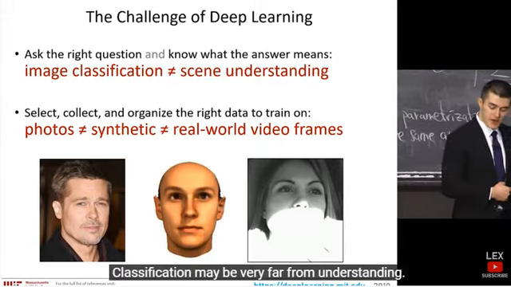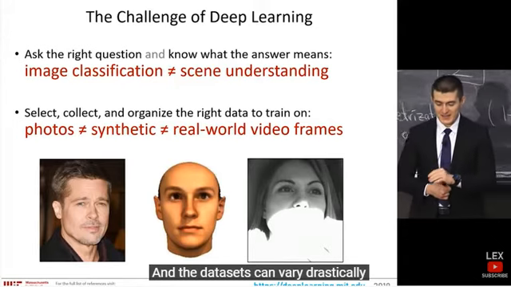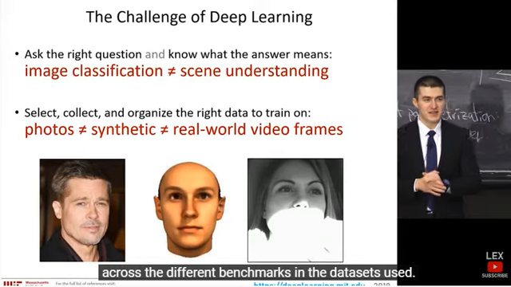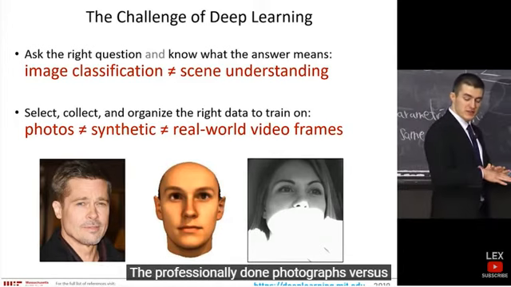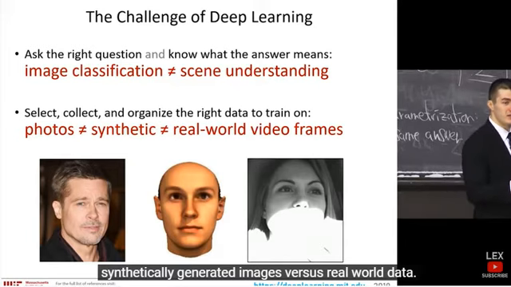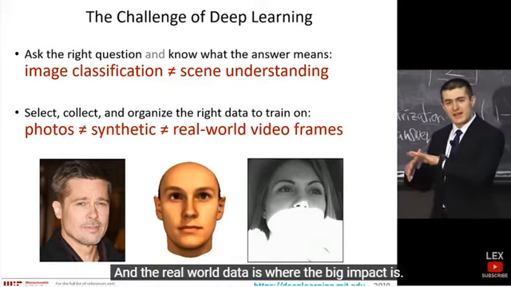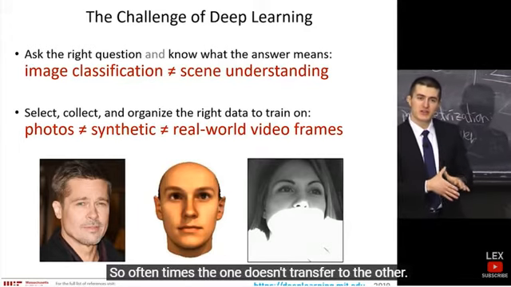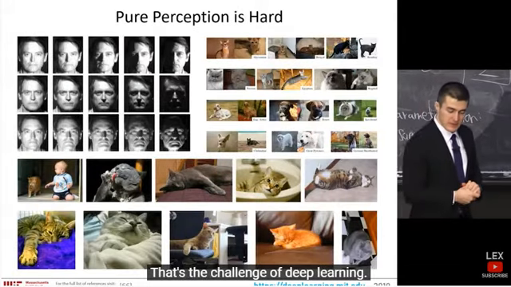Classification may be very far from understanding. And the data sets can vary drastically across the different benchmarks and the data sets used. The professionally done photographs versus synthetically generated images versus real-world data. And the real-world data is where the big impact is. So oftentimes the one doesn't transfer to the other. That's the challenge of deep learning.